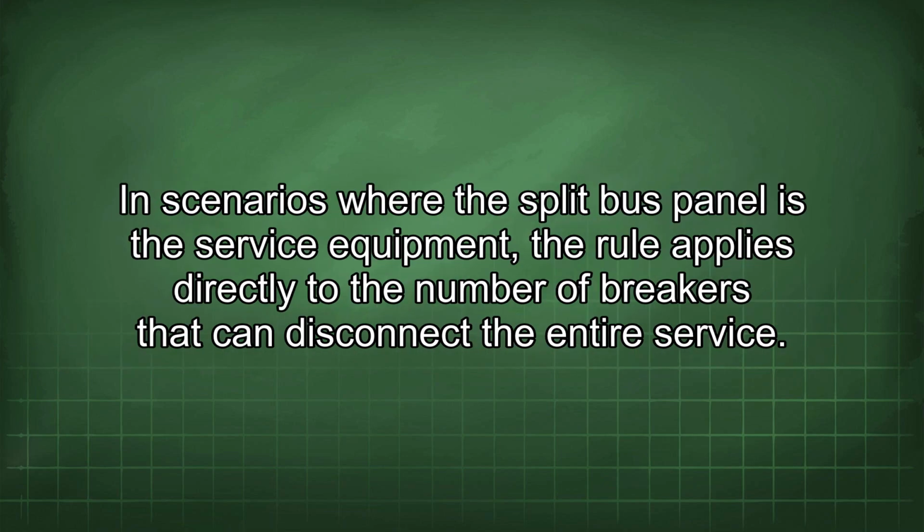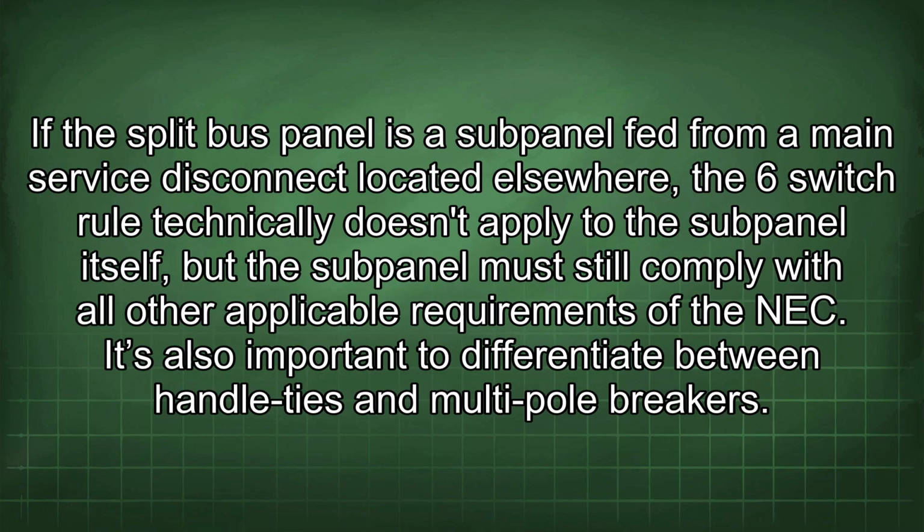In scenarios where the split bus panel is the service equipment, the rule applies directly to the number of breakers that can disconnect the entire service. If the split bus panel is a sub-pole fed from a main service disconnect located elsewhere, the 6-switch rule technically doesn't apply to the sub-pole itself, but the sub-pole must still comply with all other applicable requirements of the NEC.